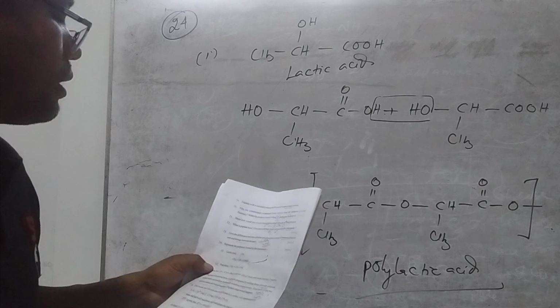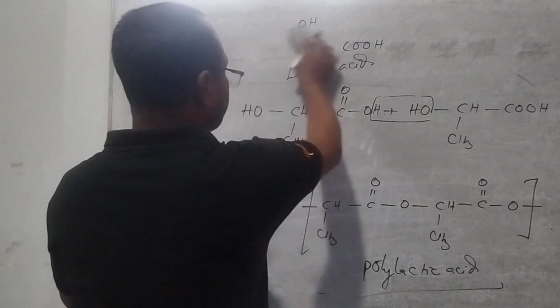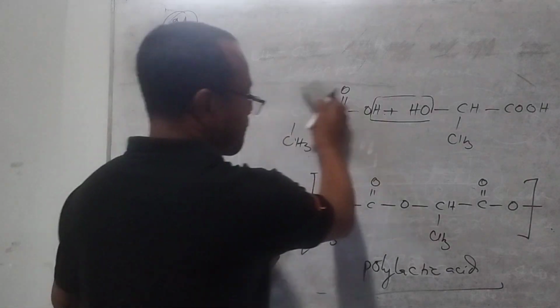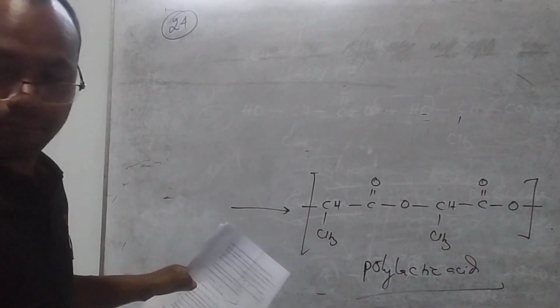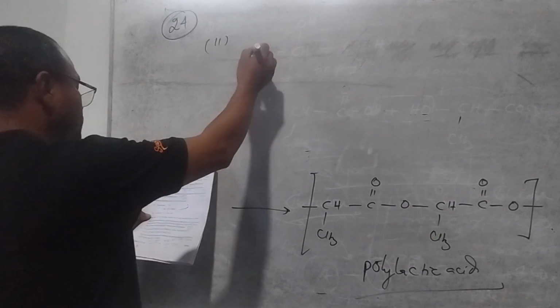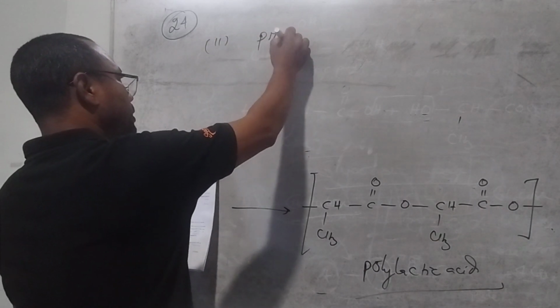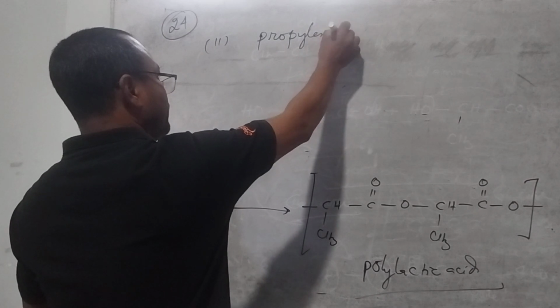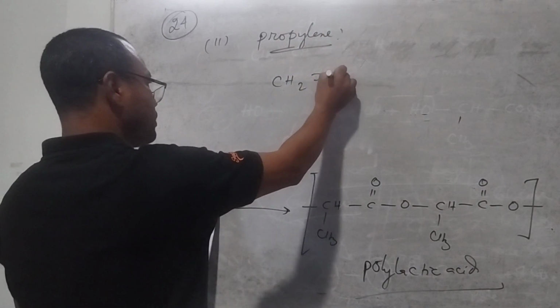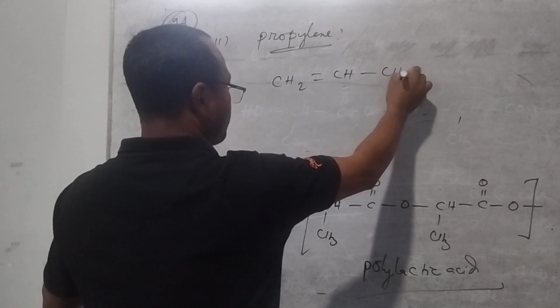Number 2, very similar. Number 2 is propylene: CH3, CH2 double bond CH3.